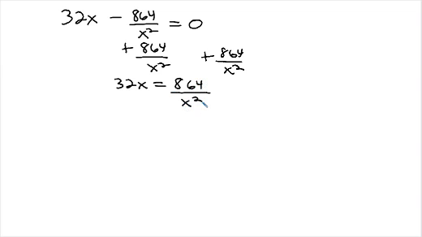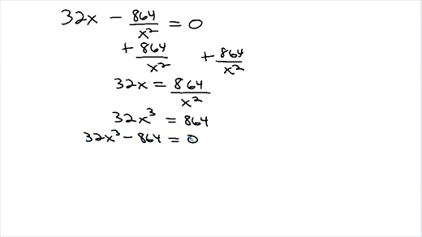I'd multiply both sides by x squared, and I have 32x cubed equals 864. So we've got 32x cubed minus 864 equals 0.